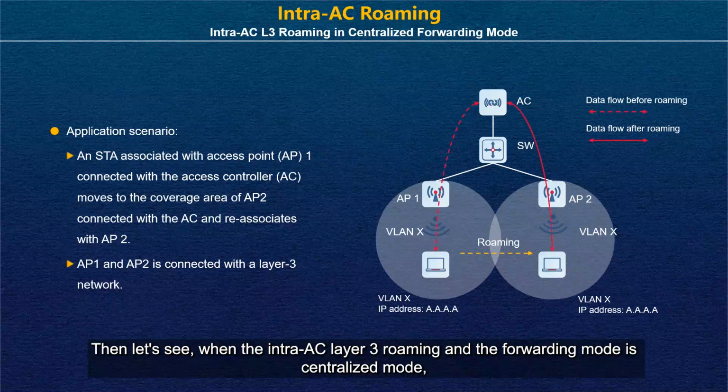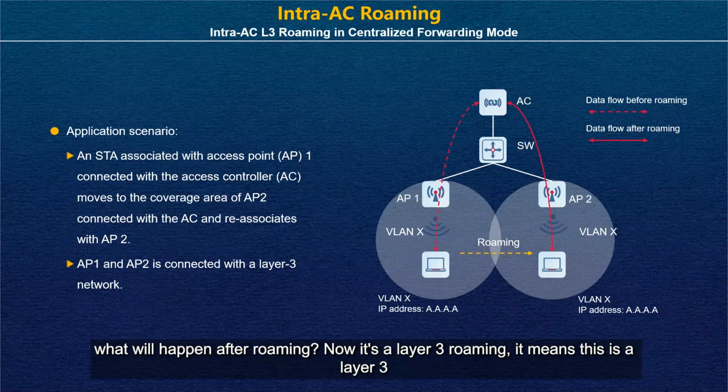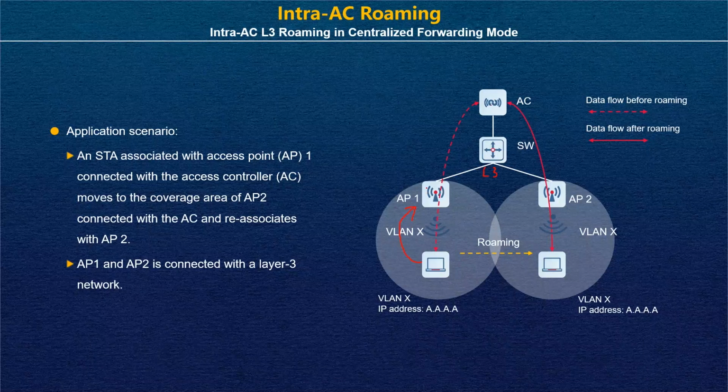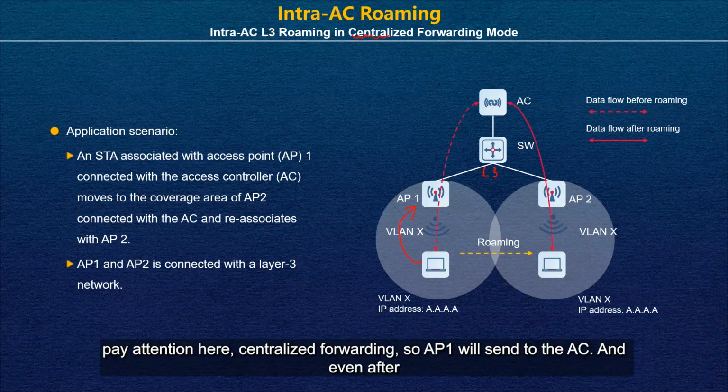Then let's see what happens after roaming in intra-AC layer 3 roaming when the forwarding mode is centralized. Layer 3 roaming means this is a layer 3 network, and the data packet will be sent to AP1 originally. After receiving it, pay attention here: it's centralized forwarding, so AP1 will send it to the AC.